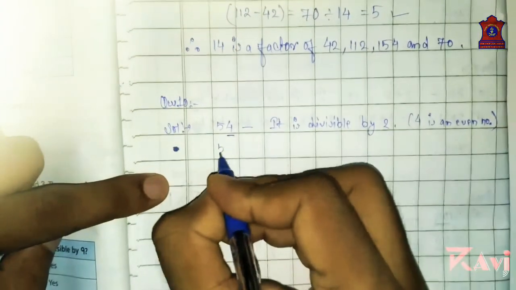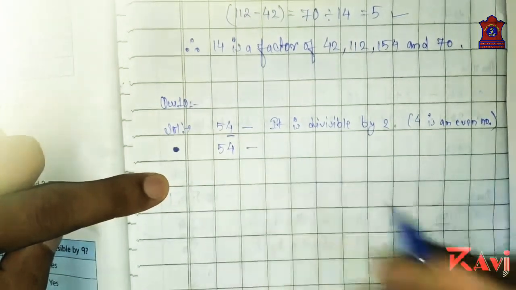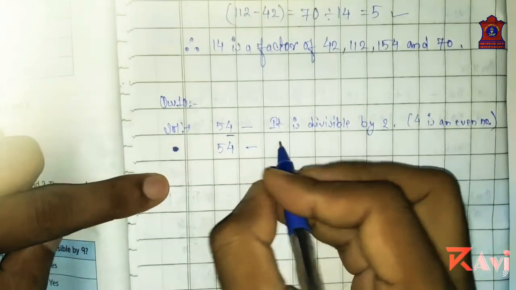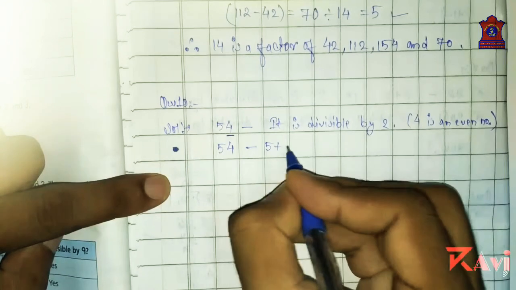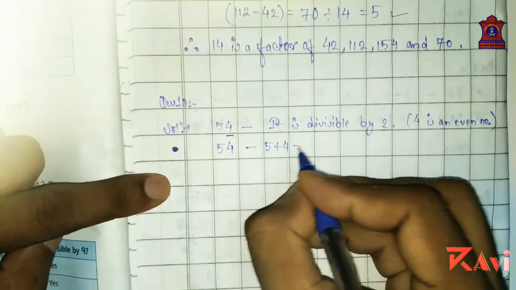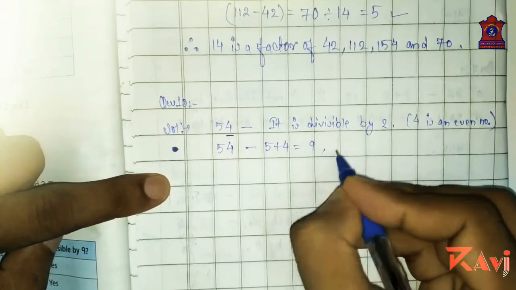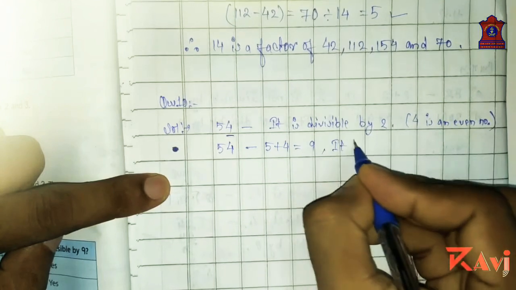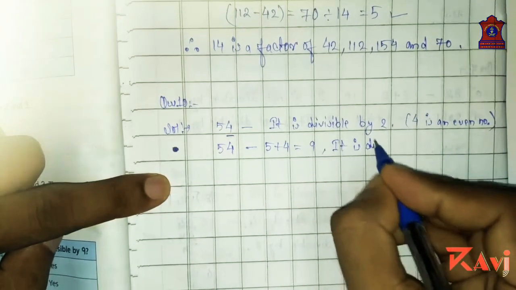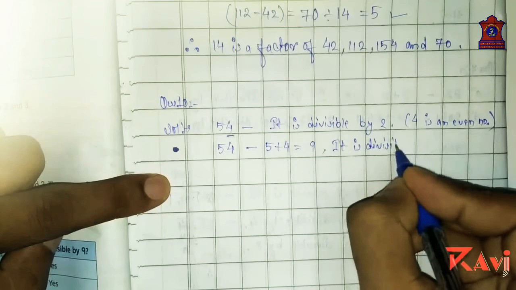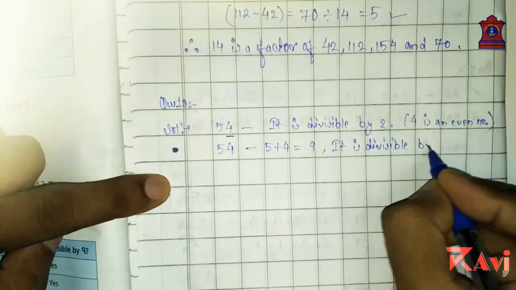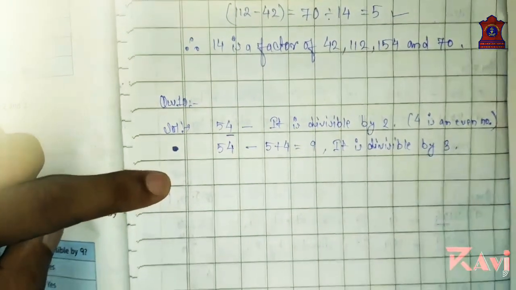Now again, is 54 divisible by 3 or not? To check the divisibility of 3, what are we doing? We are adding the digits of the number. 5 plus 4 is 9. It is divisible by 3.